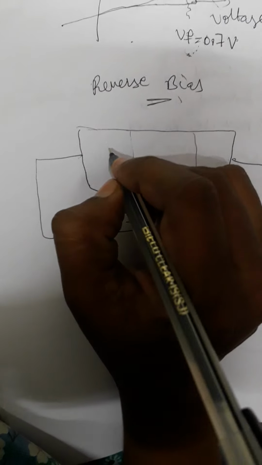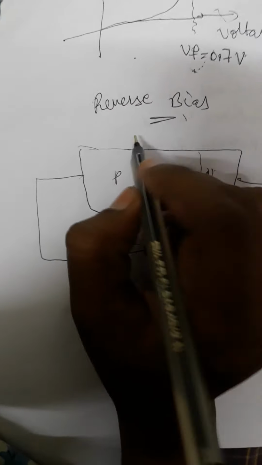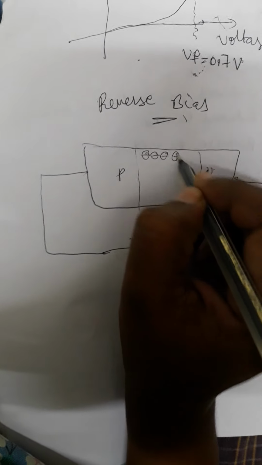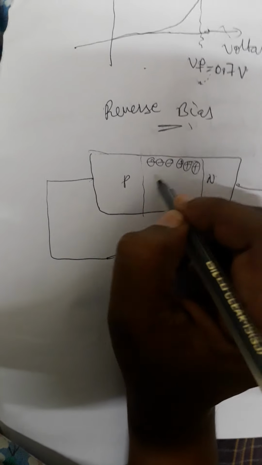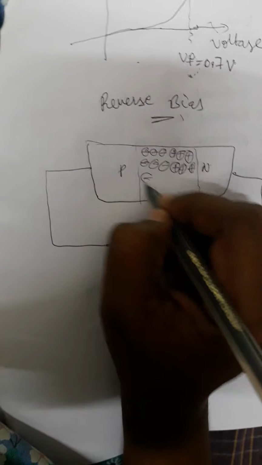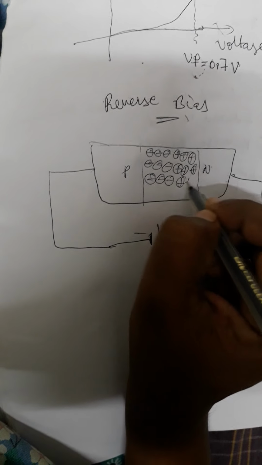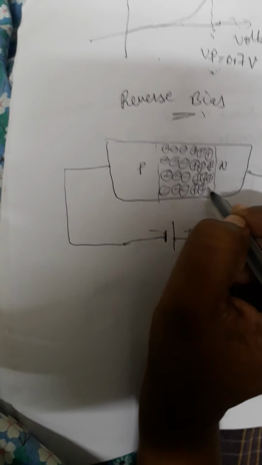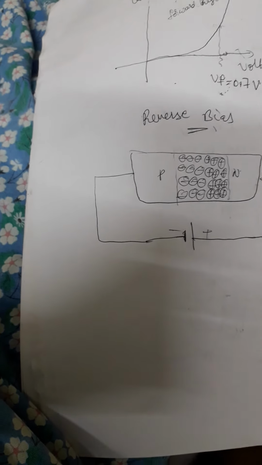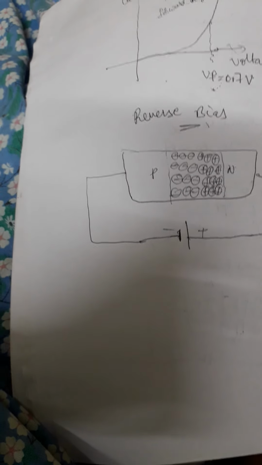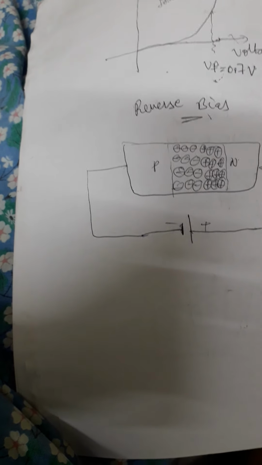Like this, P, N. Okay, in reverse bias condition, the negative terminal is connected to the P type and the positive terminal is connected to the N type.